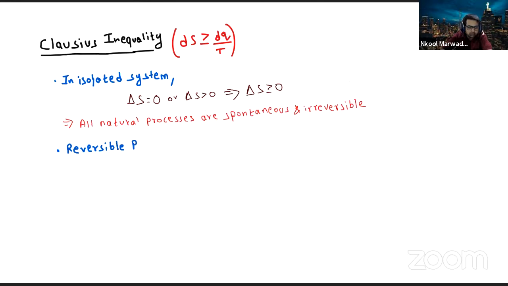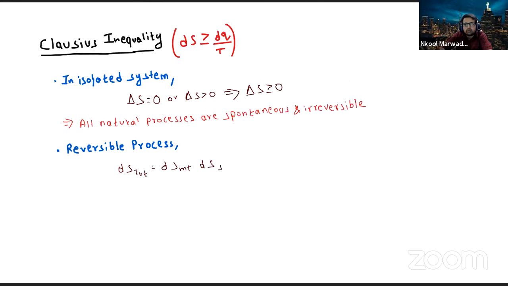In the reversible process, the total change in entropy, which is delta S system plus delta S surrounding, is zero.